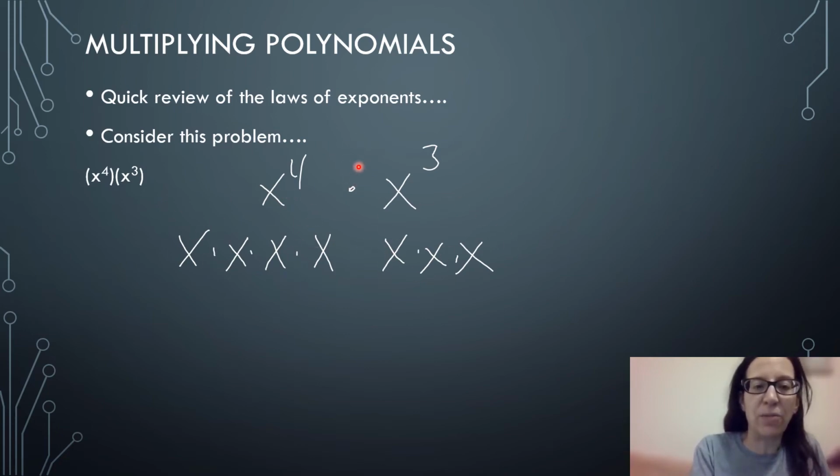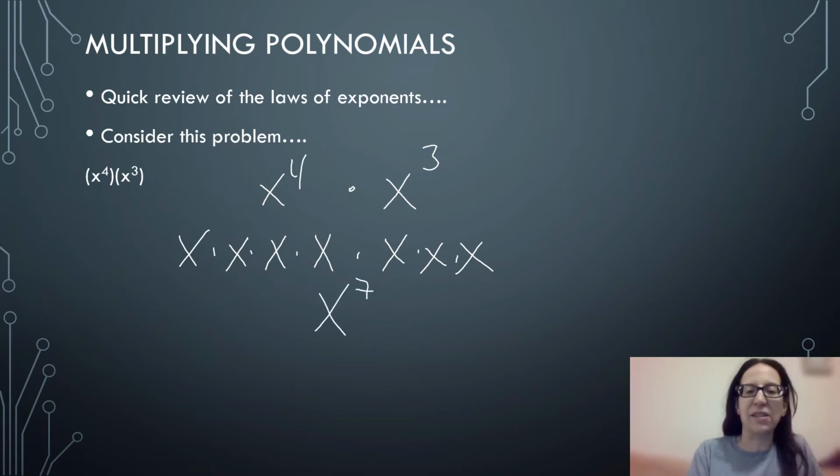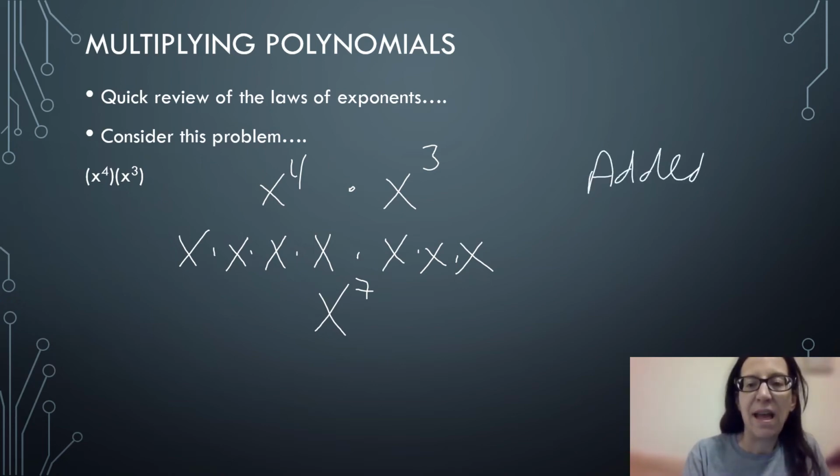The operation in between them is another times sign. So what do I actually have here? I have x times x times x times x times x times x times x. I have 7 x's all being multiplied together, which means this is x to the 7th. And what you'll notice is that we added the exponents.